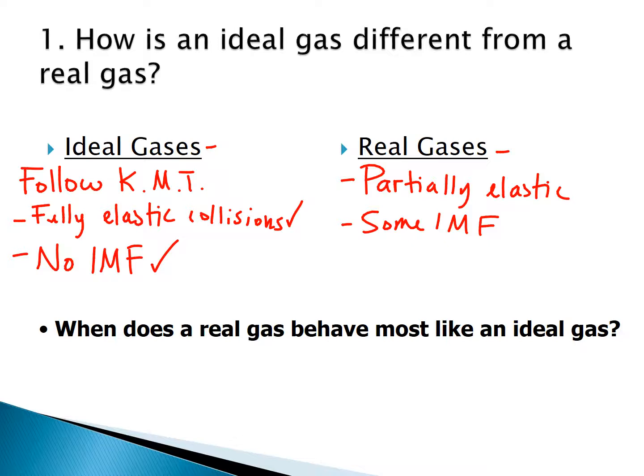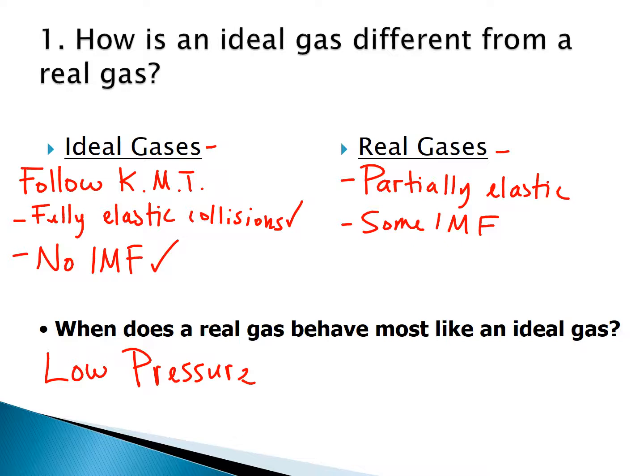So in order to make a real gas behave like an ideal gas, we want to make sure that gas is in a low pressure environment, or at least as low as we can make it. Now let's think about temperature. We know that temperature is directly related to the kinetic energy of the particles. Things that are hot move fast, and things that are cold move slow. If the particles are moving toward each other very slowly, then that force of attraction between them will have more time to work on them.